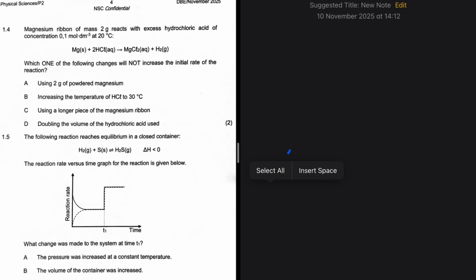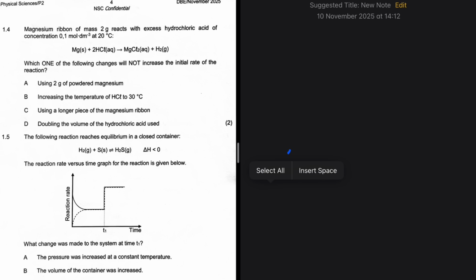Slightly confusing question, because there's an assumption that we have to make. Using a longer piece of the magnesium ribbon. Okay, so no, it is precise. I was missing the point. It's not saying using a longer piece of magnesium ribbon. No, of the magnesium ribbon. So there's an increase in mass here of the initial mass of the magnesium ribbon.